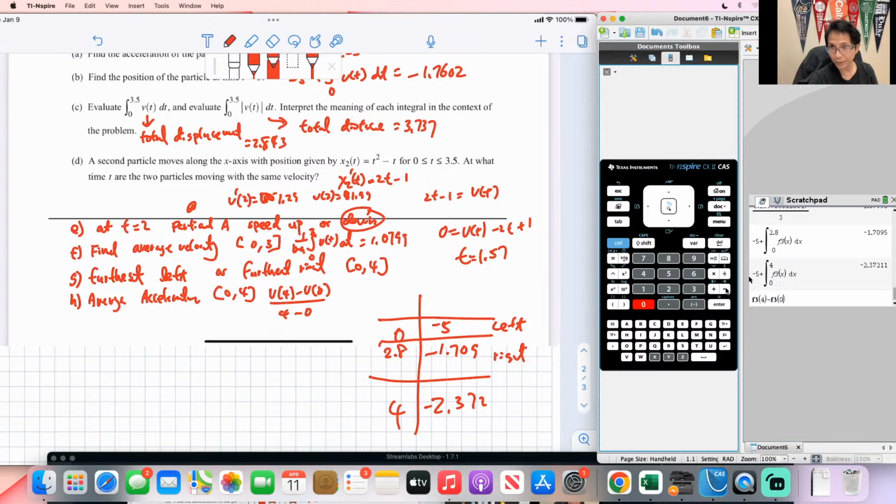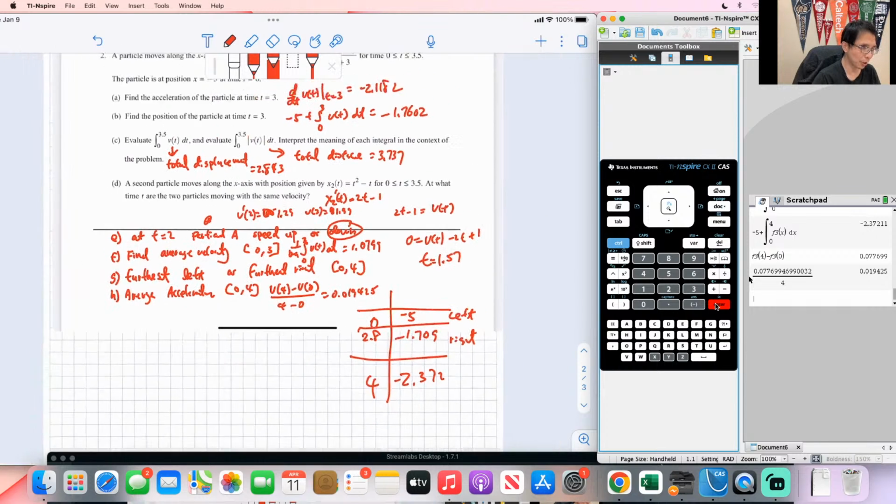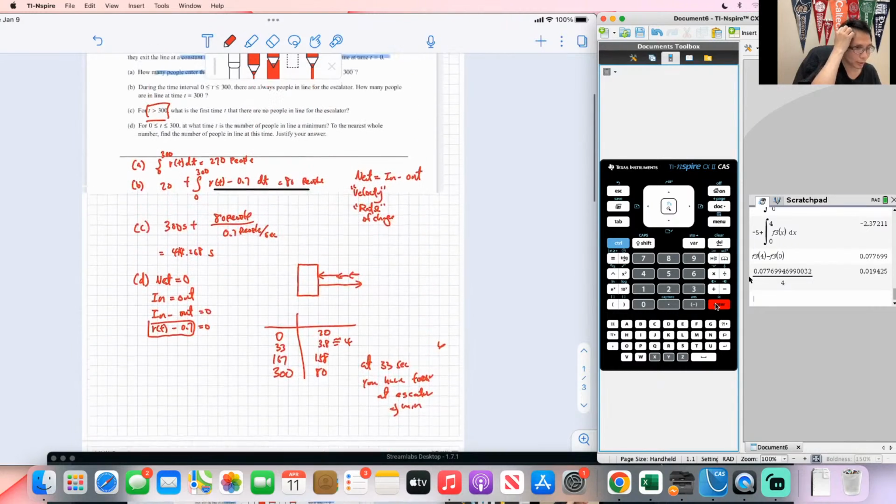And I can press enter and then divide it by 4 and I'm done. It is 0.019425. And I just finished all the velocity questions and all the net rate questions.